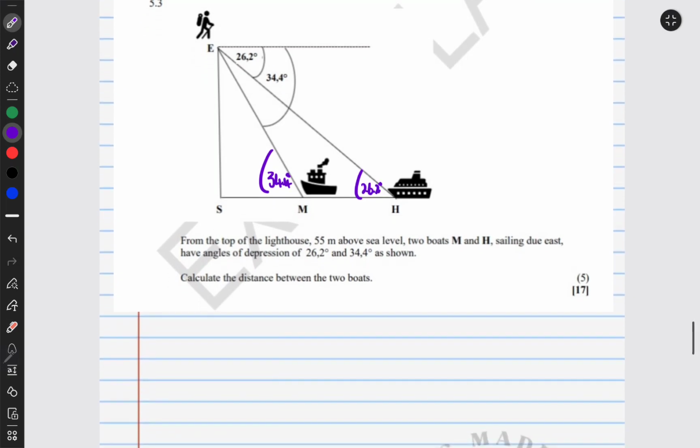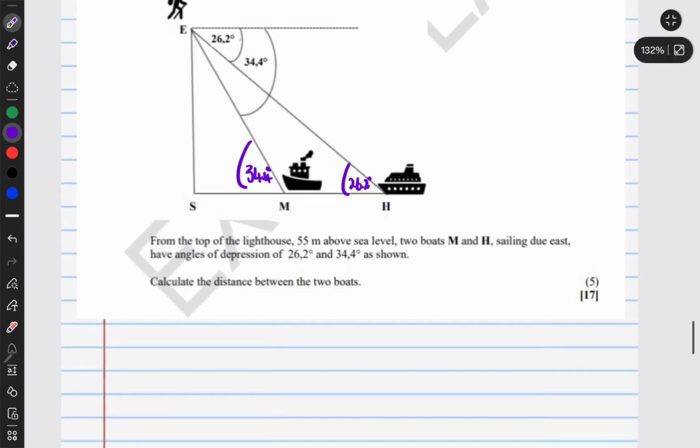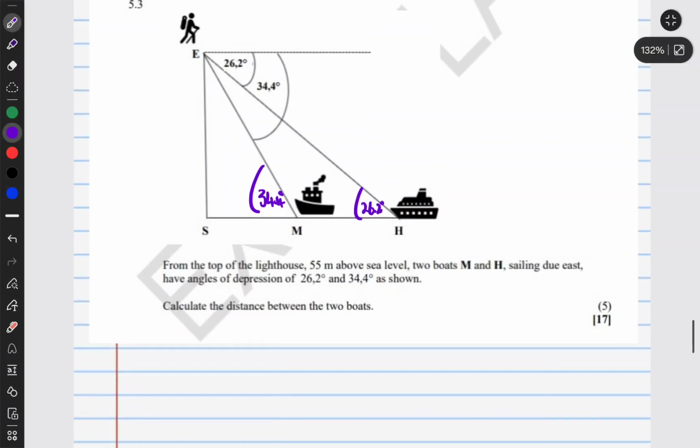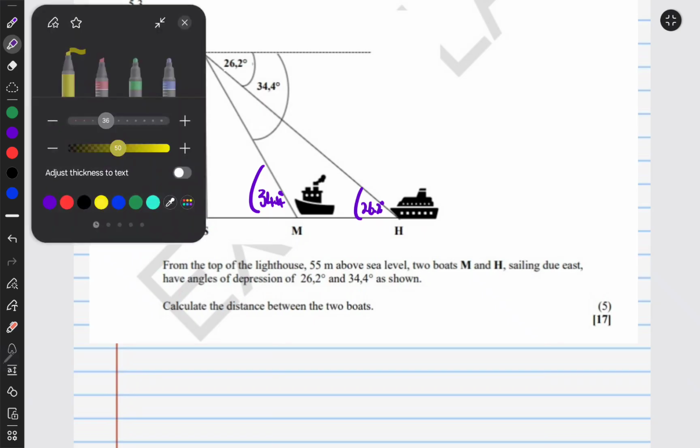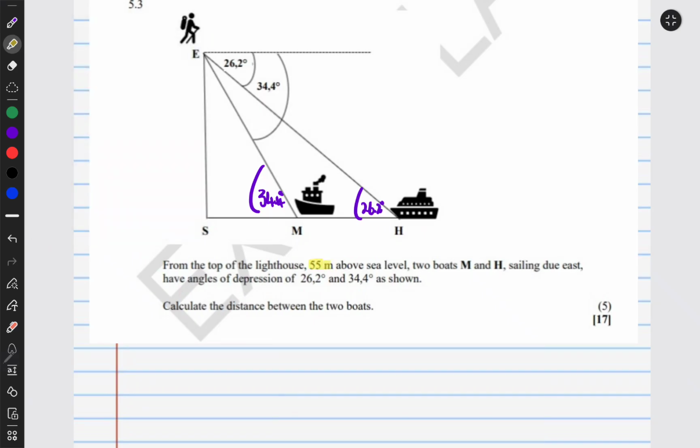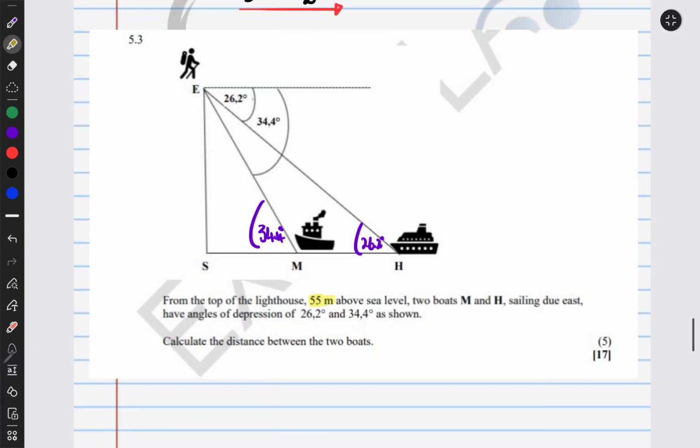From the top of the lighthouse, 55 meters above sea level. So the sea level is where the boats are located. That tells us that the height of ES is 55 meters above sea level.